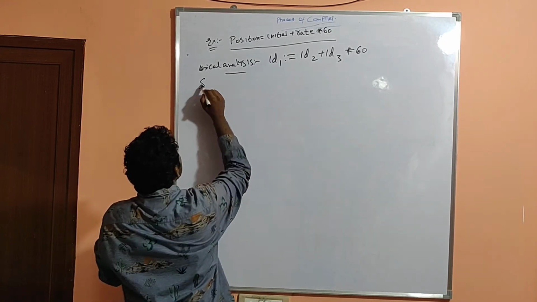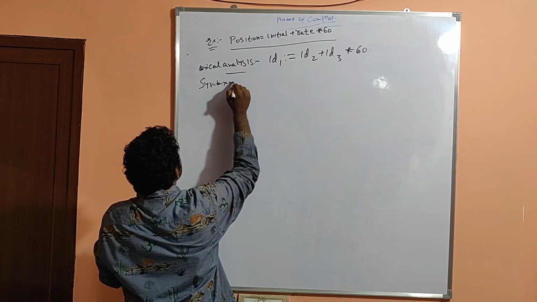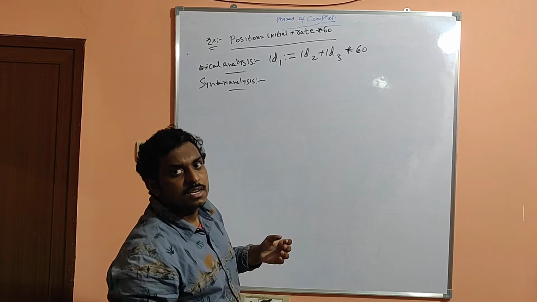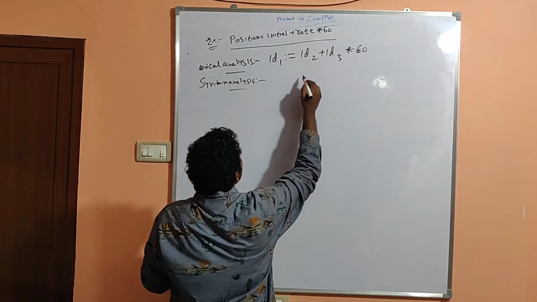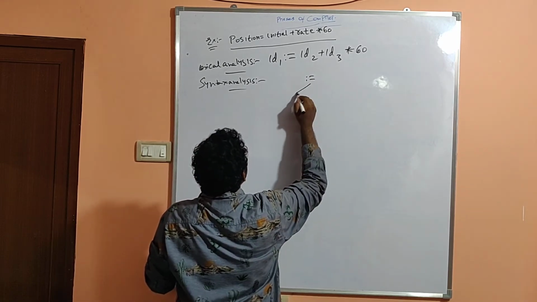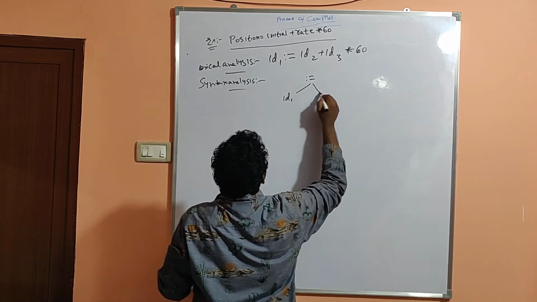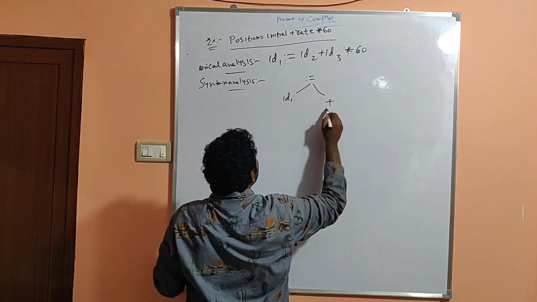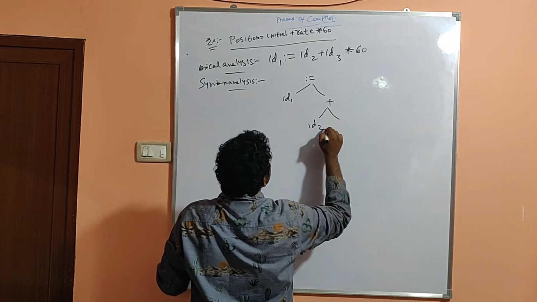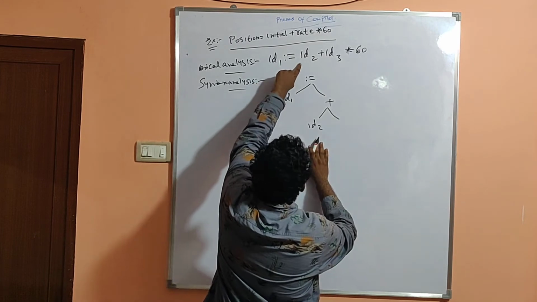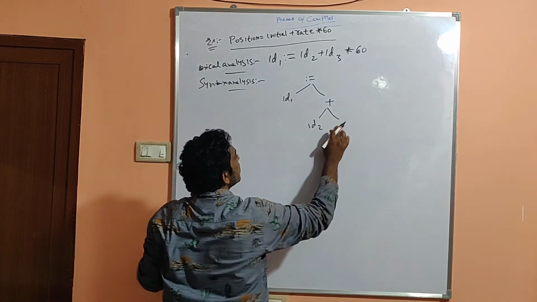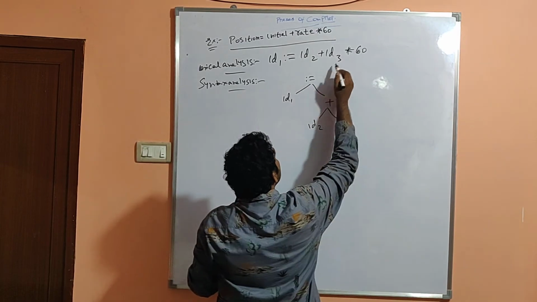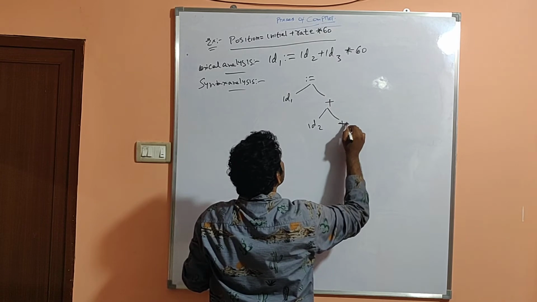Next, syntax analysis. In the syntax analysis, the syntax tree is generated. Here we take equal to as the root node, and id1 as the left node, and on the right we perform the plus operation, because the plus operation is mentioned for id2 and id3. On the left side we have written id2, and on the right side we should write id3, but I am not writing id3 directly, because for id3 and 60 we have to perform the multiplication operation.